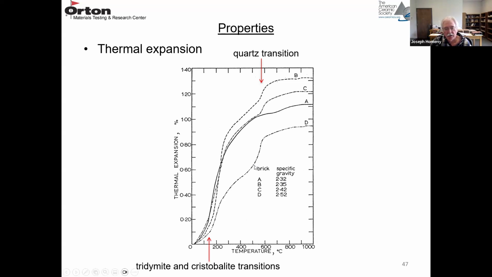So if you look at D here, you can see how much quartz is present, and you can actually calibrate these increases at 573 degrees C. You can calibrate it and sort of get the percent quartz that's still in this structure. So A would be an ideal thermal expansion for a silica refractory.